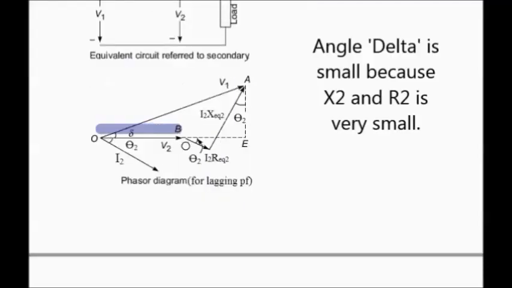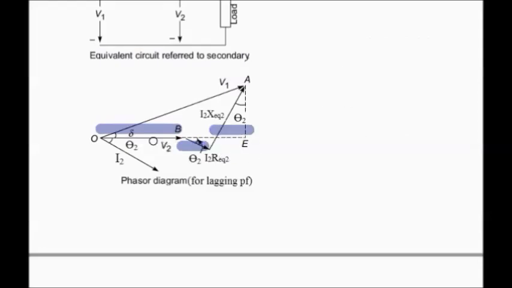This length plus this length plus this length is V2. This angle is theta 2, so this angle is also theta 2, and this length is I2 R equivalent, so this length will be I2 R equivalent into cos theta 2, and this length is I2 X equivalent. Since this angle is theta 2, this length can be approximated as I2 X equivalent sin theta 2.